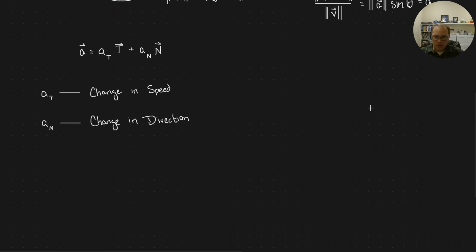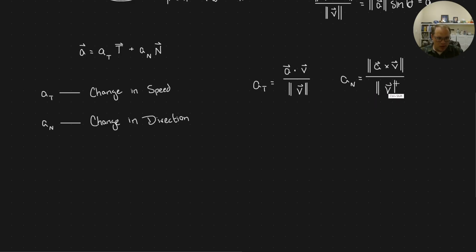The tangent component of acceleration is equal to the dot product between the acceleration and the velocity divided by the norm of the velocity. The normal component of acceleration is equal to the norm of the cross product of the acceleration and the velocity divided by the norm of the velocity.